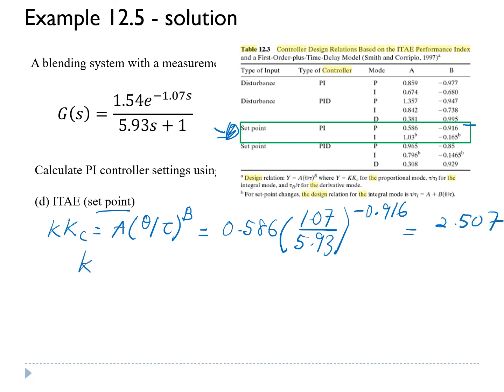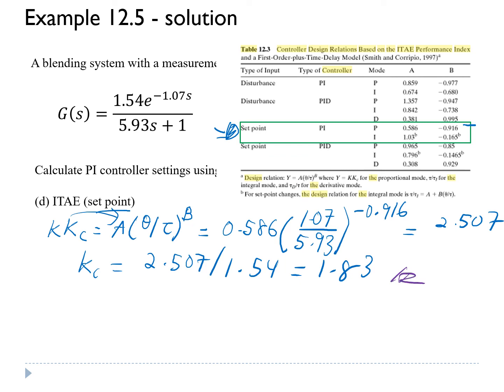So to get the Kc value, you bring the K over here to the right side. So your Kc now equal to 1.83. Okay, done with Kc value.